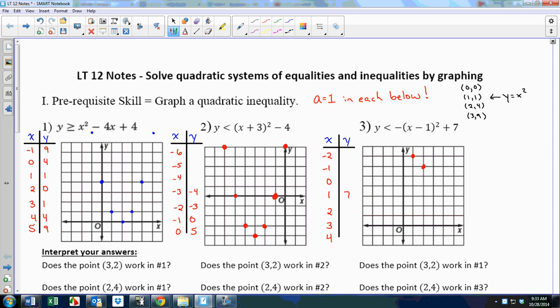When you go right 2, go down 4. Then right 3, down 9, which would translate into the ordered pairs 2, 6, 3, 3, and 4, negative 2. And of course, symmetry says we have the same thing on the left side.